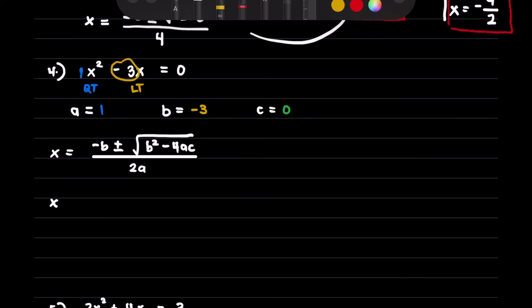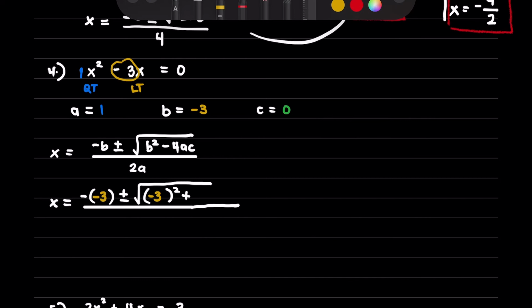So, substitute the values. So, we have negative B and our B is negative 3. Plus minus the square root of B squared. And the value of B is negative 3.